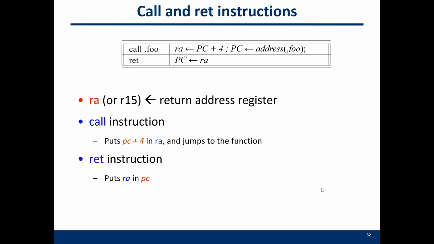At the end of the function, we would like to find the return. So this RET instruction actually helps you to assign the address in RA back to the PC.